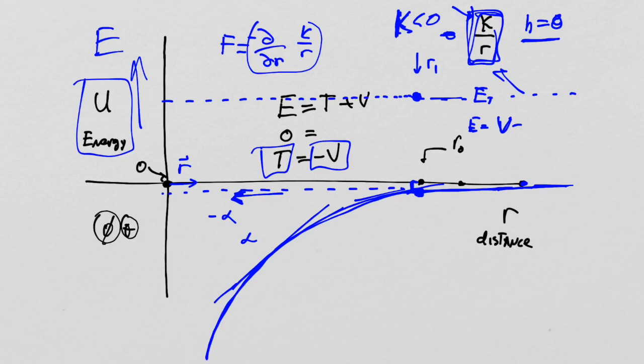And that force would start pulling it this way. And at this point, say, it would have E, which is still some constant value, the same value as it was when the particle was here. But now that E is the kinetic energy plus the potential energy, and the potential energy is now lower, which means it's even more negative.